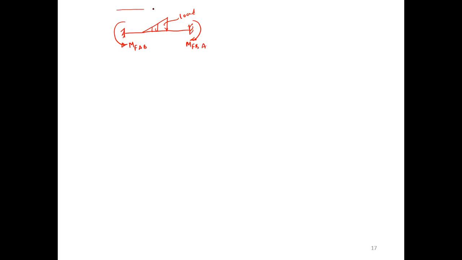So the beam is subjected to general loading, this is the given problem. The first step is FEM, that is over. Then the second step is where the rigidity factor comes into the picture.